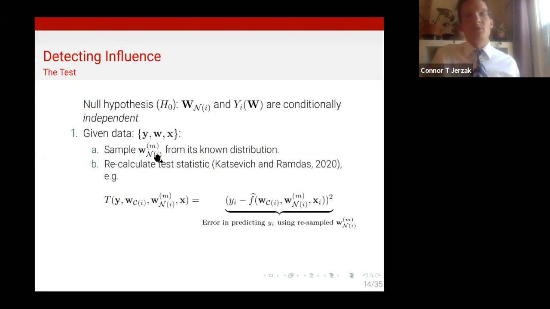In particular, the null hypothesis is about whether a specific group of people or a specific person are influential. We can extend this by having multiple null hypotheses and aggregating up the test statistics, or we can form aggregate test statistics and test for multiple independence relationships at once. But the simplest thing to think about is doing this for one unit at a time.